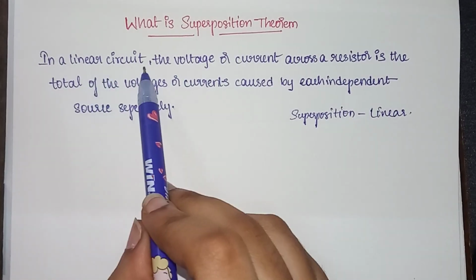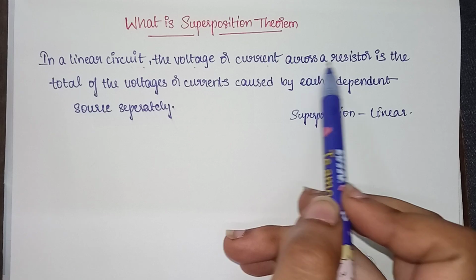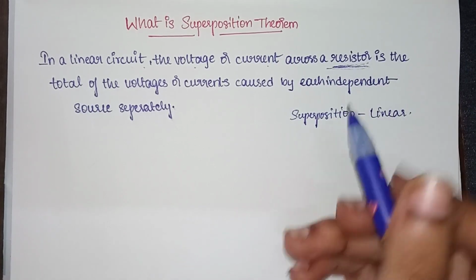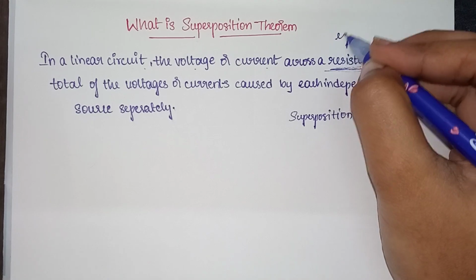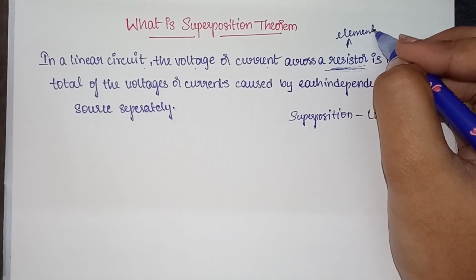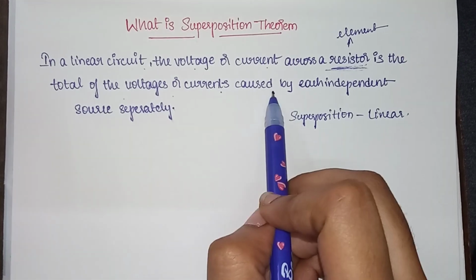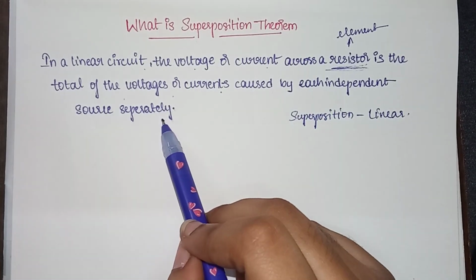And in a linear circuit, the voltage or current across a resistor, here a resistor is an element in this case, is the total of the voltages or currents caused by each independent source separately.